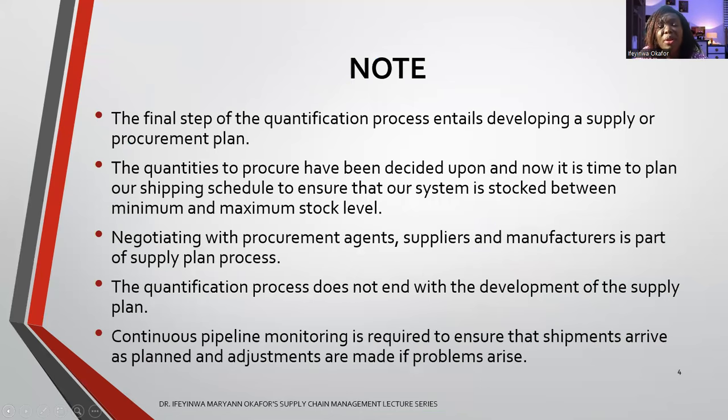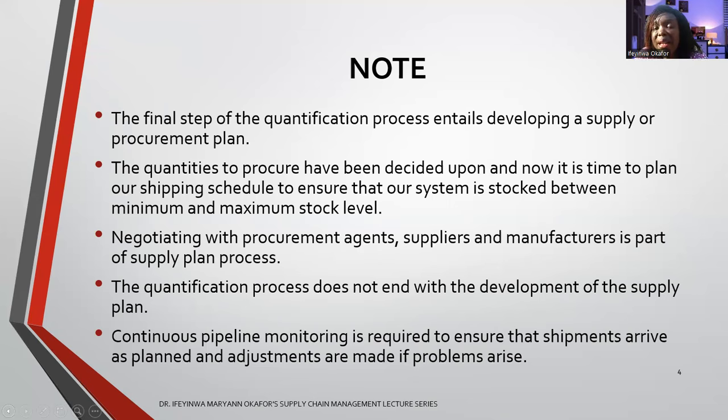Note that the final step of quantification process involves developing a supply procurement plan. And the quantities to procure have been decided upon. You remember during forecasting, you had the quantity that you have forecasted.